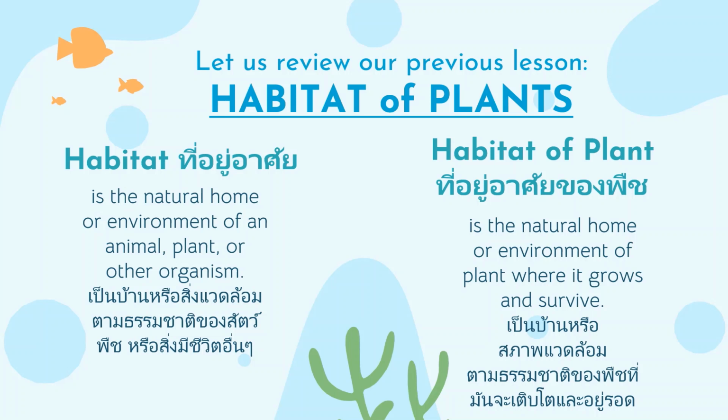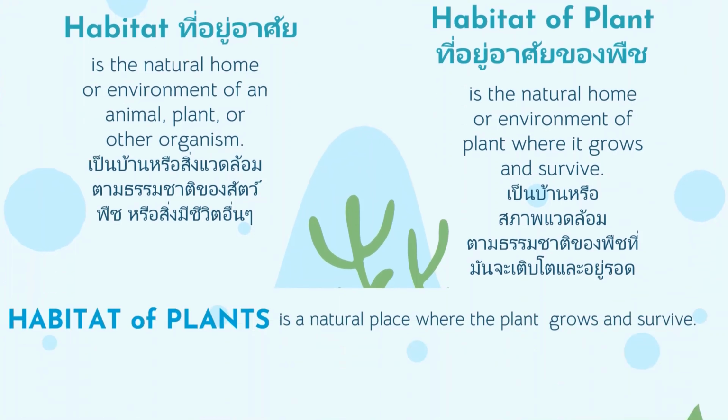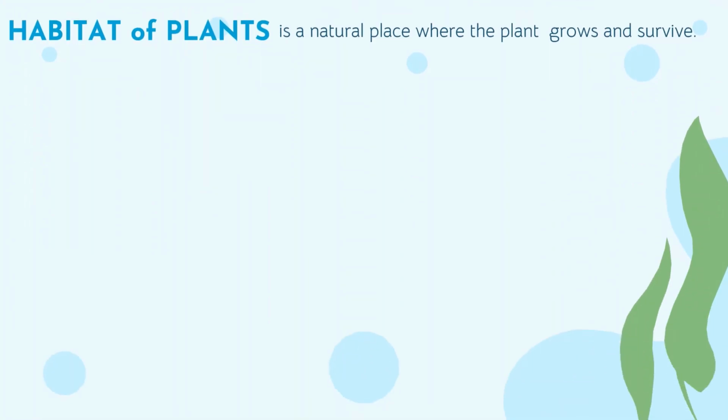What is a habitat of plant? A habitat of plant is the natural home or environment of plant where it grows and survives. Habitat of plants is a natural place where the plant grows and survives.